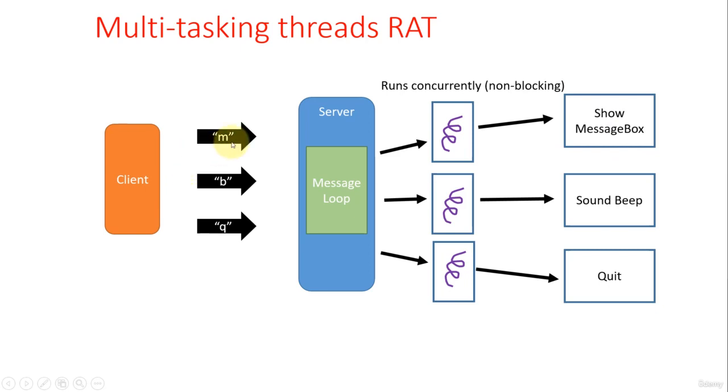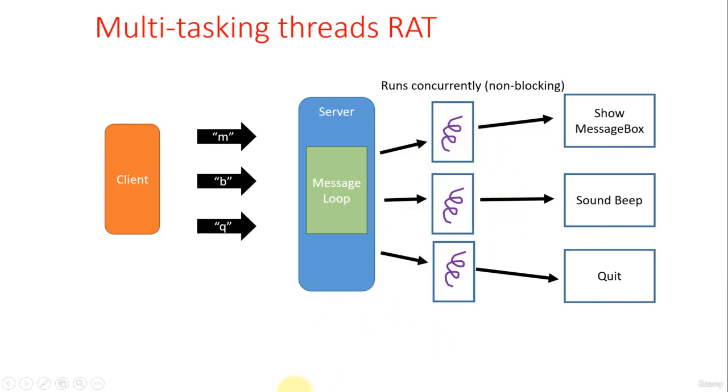And the client can keep on sending as many messages M as he wants, and it can spawn as many threads as it needs to show all the message boxes at the same time. And the client can also send B, a beep command, in order to sound a beep even though the message box is still being shown. So this is the beauty of having threads which can solve our design problem.